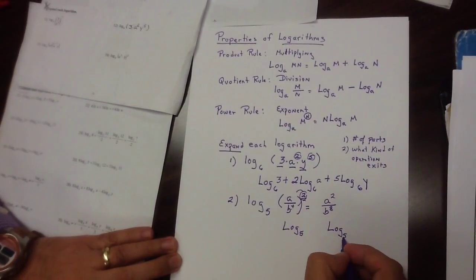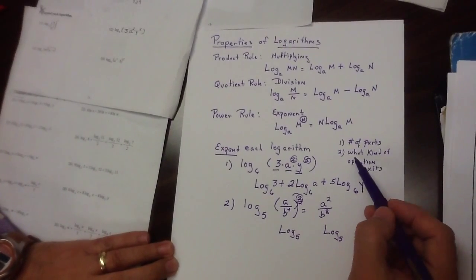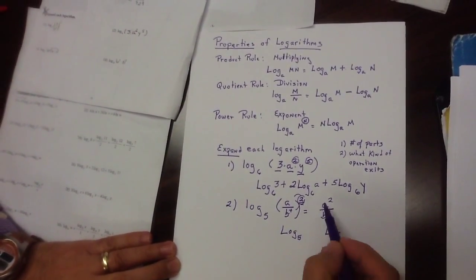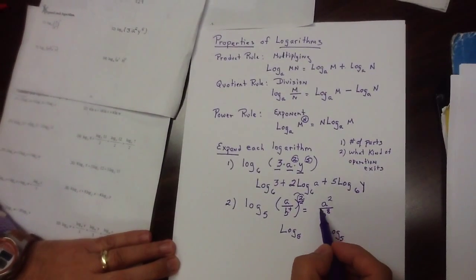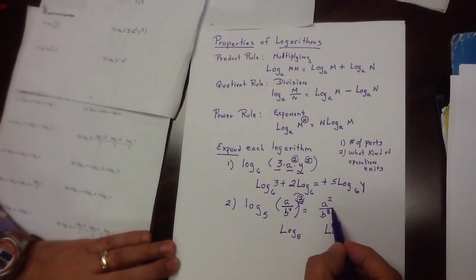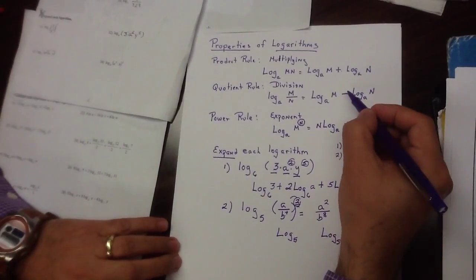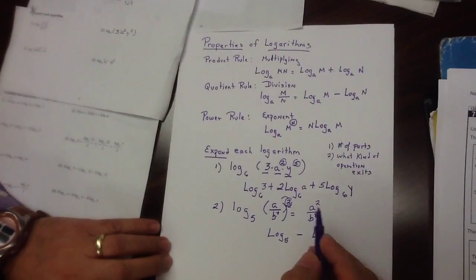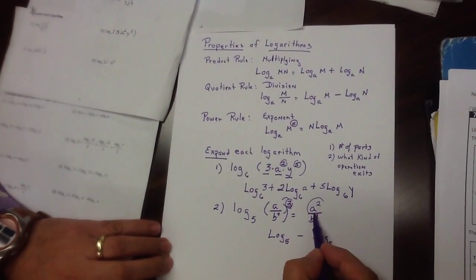Remember that we go back and look at number of parts and what kind of operation exists. There are 2 logs because there's 2 parts, and notice that the operation is division. Division means minus, so we're going to subtract. Look at the first one: I have a power.